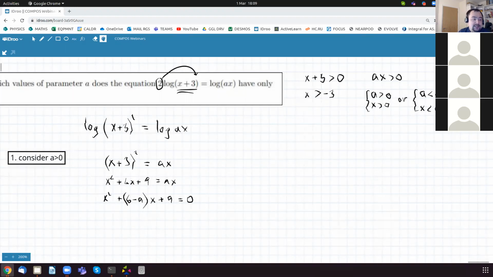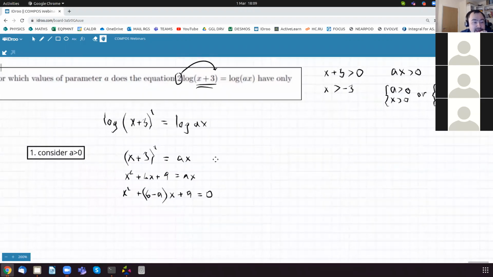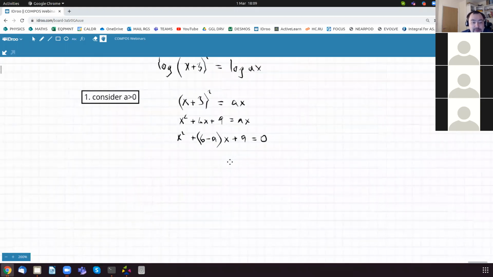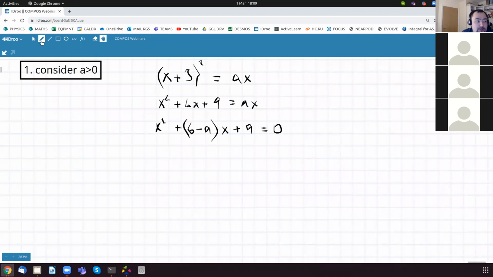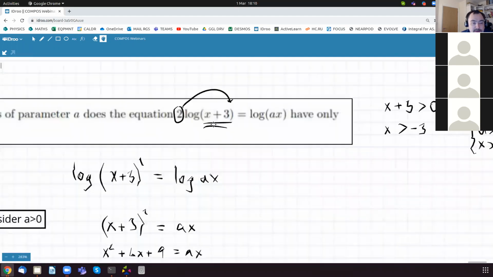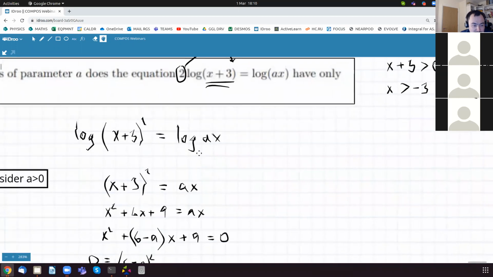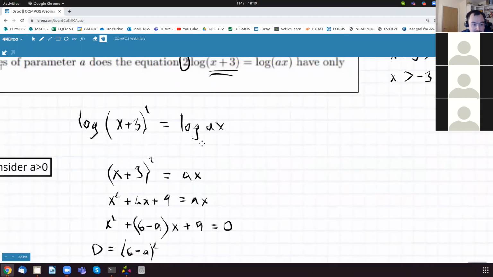Well, okay, let's solve it like this, as it is. So what's happening here? It's a quadratic equation, and this quadratic equation must have one root, and we know that a quadratic equation has one root when the discriminant is 0. So the discriminant is (6 minus a) squared, plus 9 — just double checking.